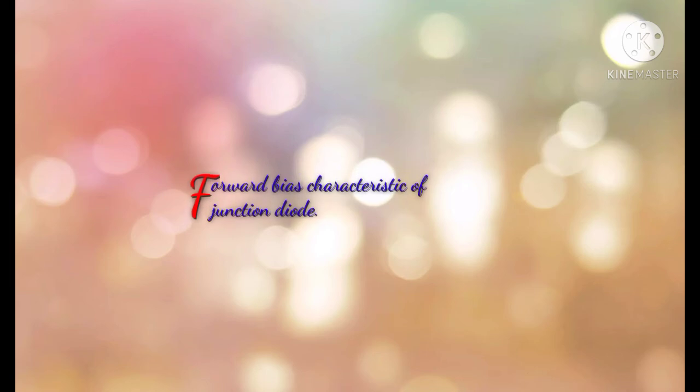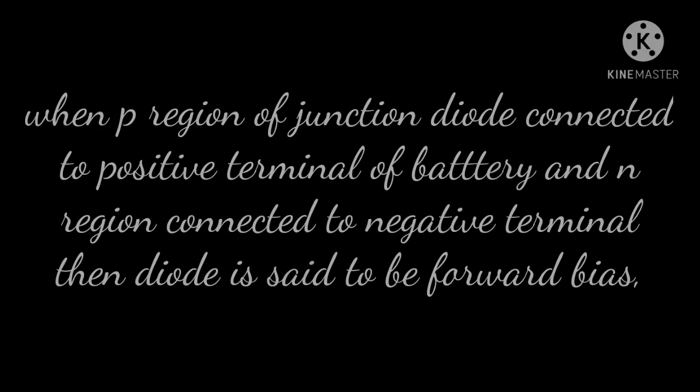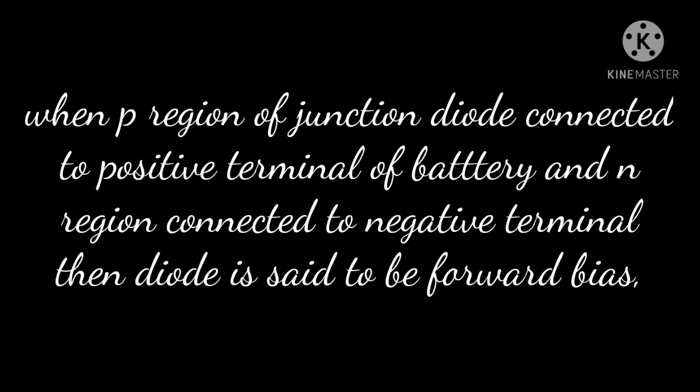Let's start with the forward bias characteristic of a PN junction diode, also called the IV characteristic of a PN junction diode. For forward biasing, the P region of a diode is connected to the positive terminal of a battery and the N region is connected to the negative terminal of the battery.